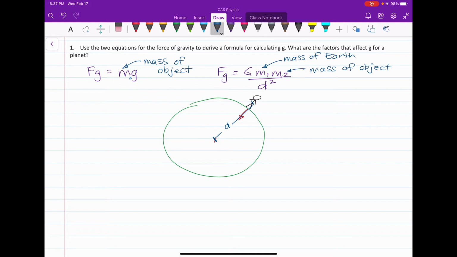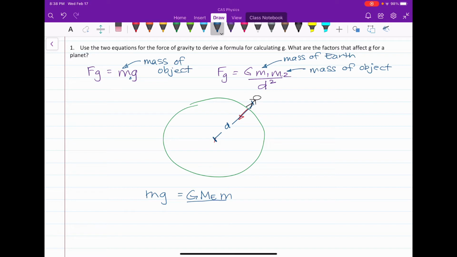All right, so if these are both equations that are equal to the force of gravity, then they should be equal to each other. So I'm going to set them equal to each other and say mg is equal to G times the mass of the Earth times the mass of the object, divided by d squared.